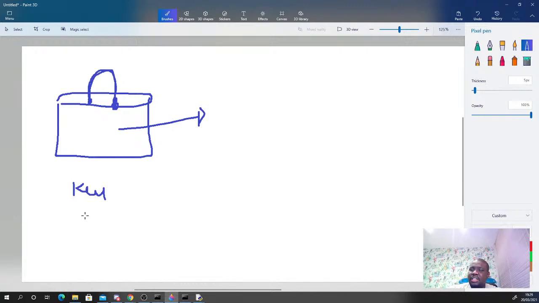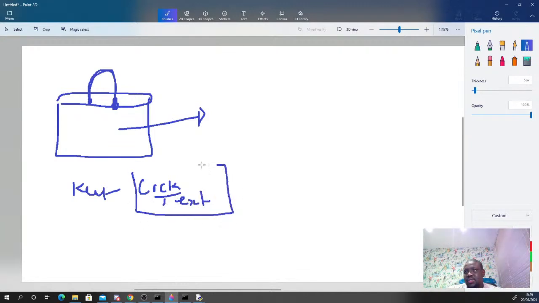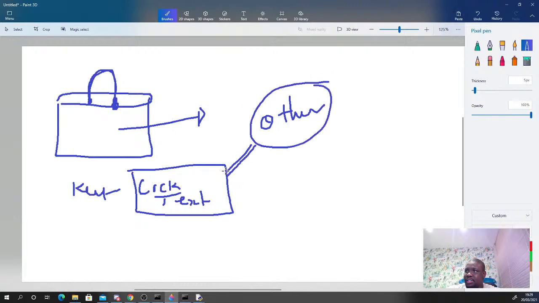Which means that if one key locks a text, to read the text you have to use the other key to unlock that text. If I use one key to lock it, only the other key can open it.